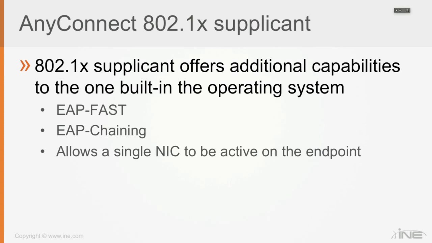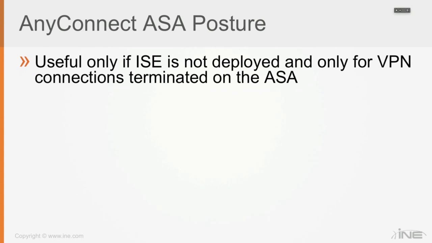The ASA posture module is useful nowadays only if you don't have ISE in your network, and only for VPN connections terminated on the ASA.